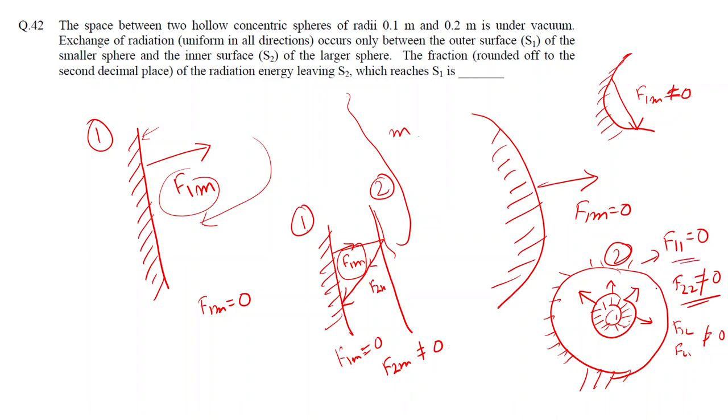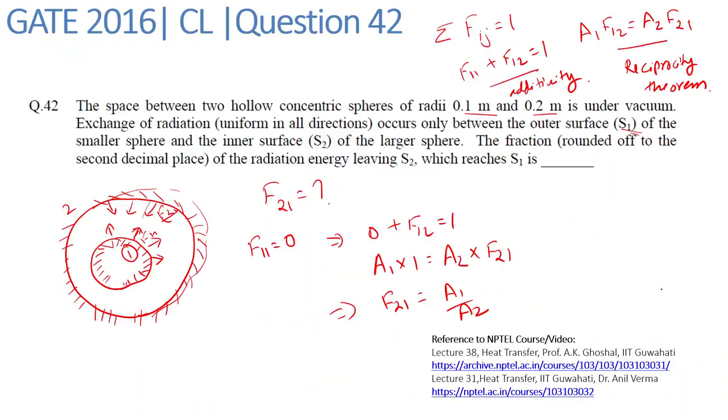Okay, now since it has been understood, we can move on to the solution. So now we have F11 equal to 0, which we will put in this equation. That will give us F12 equal to 1. Then we will use the reciprocity theorem to give us this correlation: F21 is equal to A1 upon A2. The area is the surface area of the sphere, which is 4 pi r square.